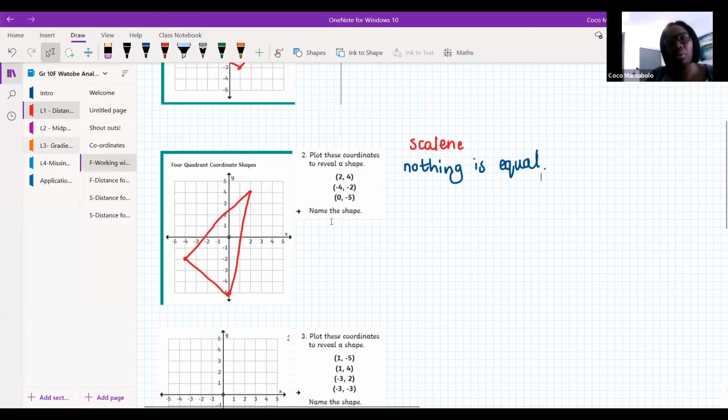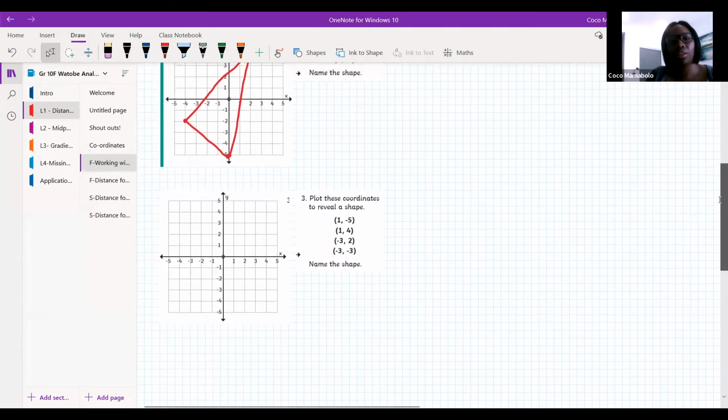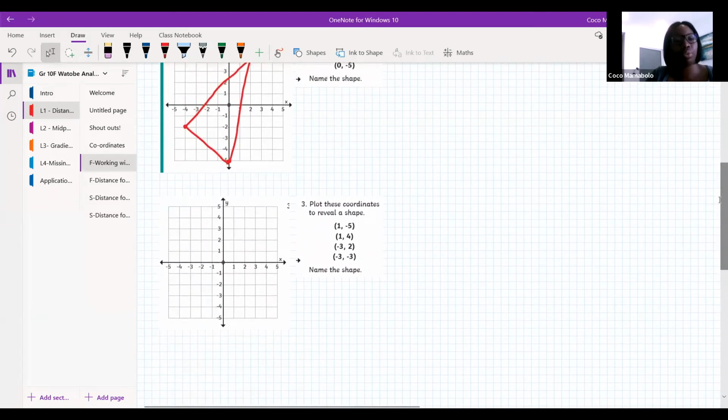Okay, we're going to do one more. And remember, guys, a lot of this is going to come up when we're doing analytical geometry. What kind of shape will we get if we plot this?